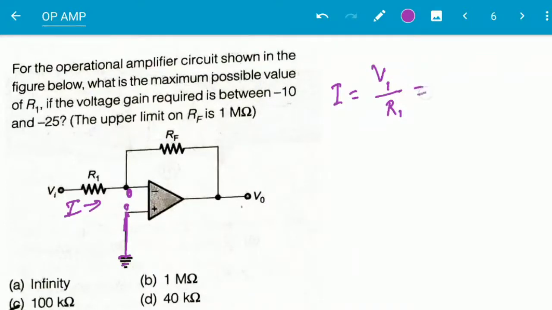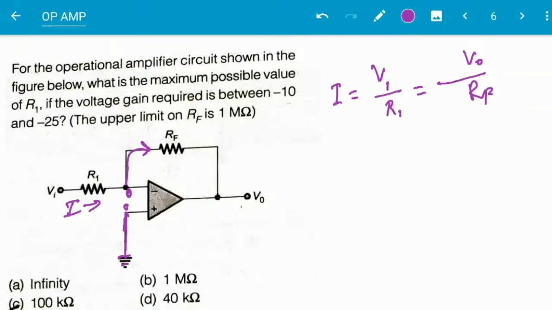This will also be equal to 0 minus V0 by Rf, since the same current flows here, which is minus V0 by Rf. If we consider both these things, then V0 by Vi is equal to minus Rf by R1.